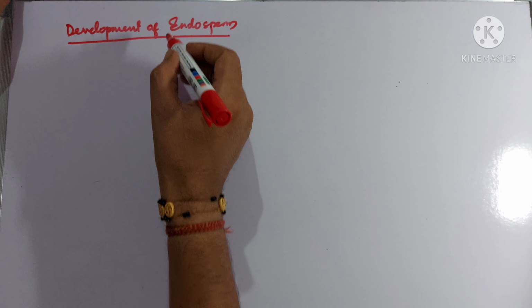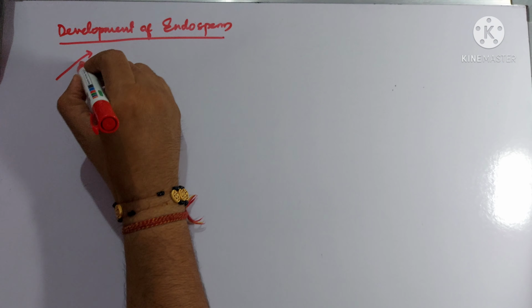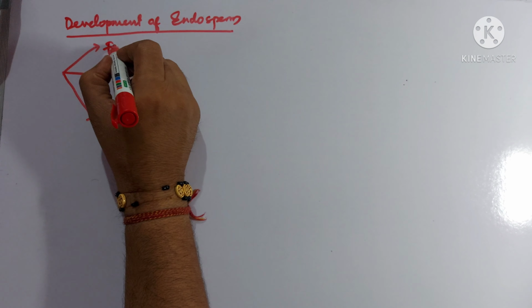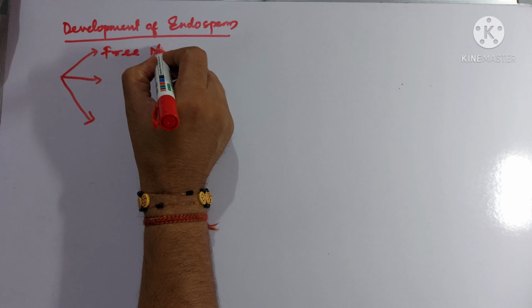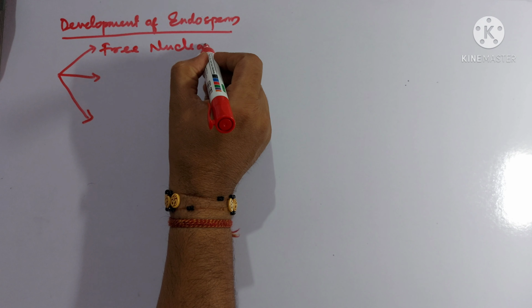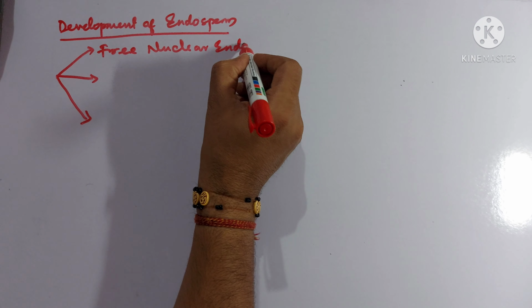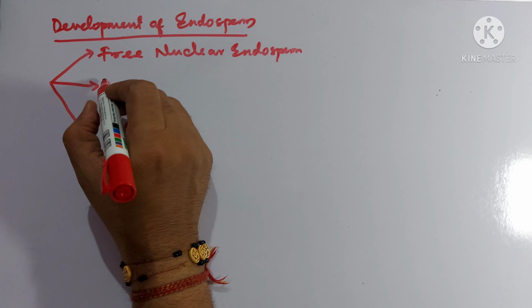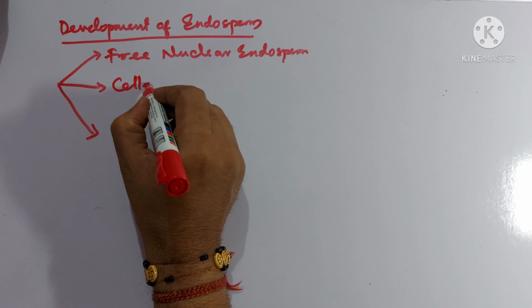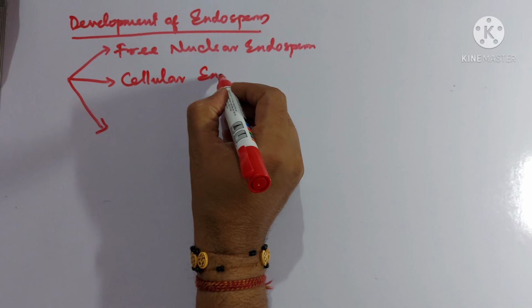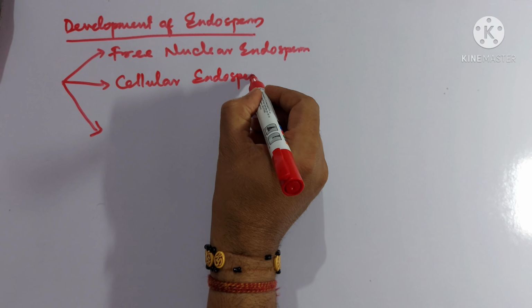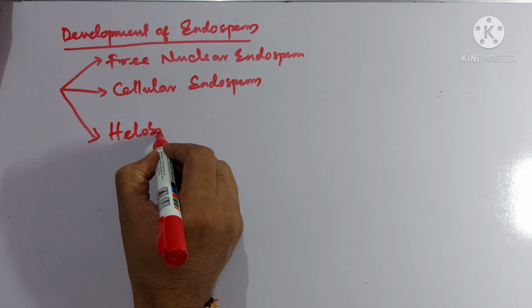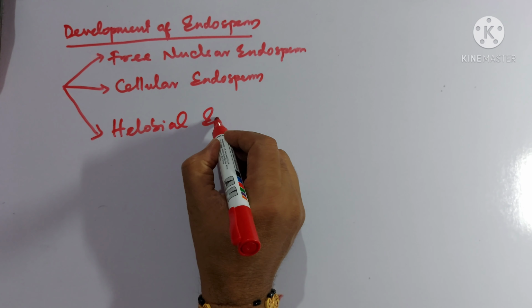The development of endosperm may take place by three ways: free nuclear endosperm, cellular endosperm, and helobial endosperm.